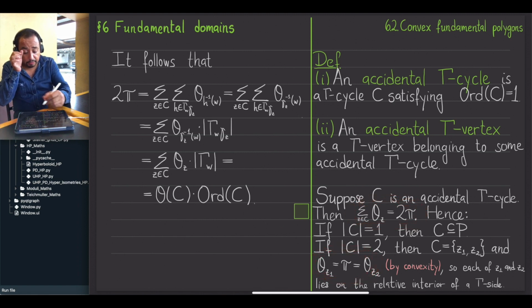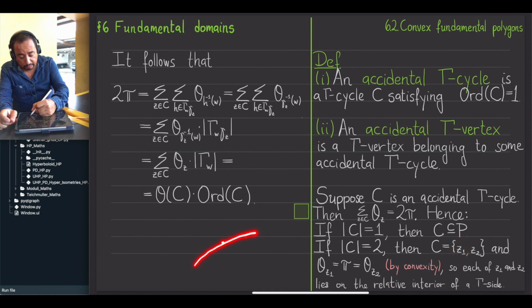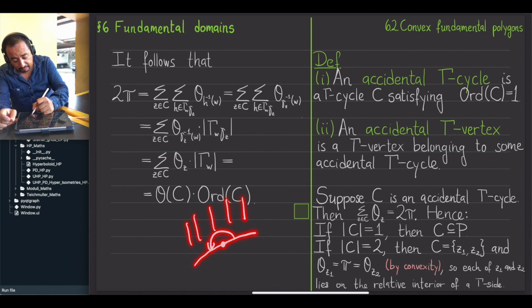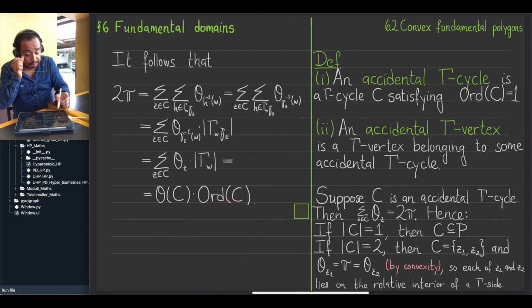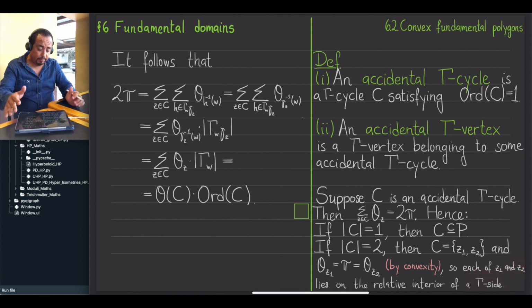But you see, consider Z1. So the angle subtended by P is then pi. But then this means that it has to lie on a gamma side, I mean, on a shortest curve here. So Z1 has to lie in the relative interior of a gamma side, and Z2 as well. Maybe different gamma sides, but they have to lie in relative interiors, right?